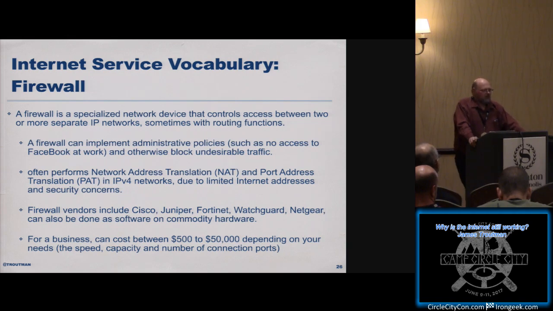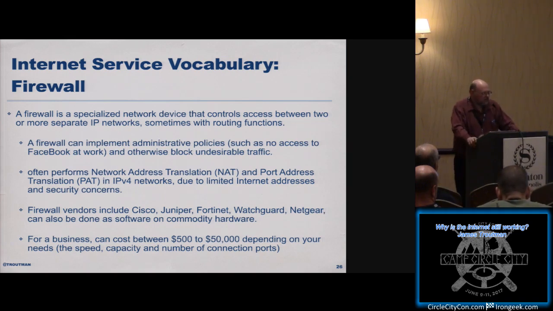Maybe you have IP phones and you want to make sure that that traffic goes first on the network. Very often the firewall is doing some sort of NAT and PAT due to v4 limited addresses. And again, there's a variety of vendors out there ranging from small home, small office to large enterprise. And again, you can spend as much as you want, essentially, on a firewall.